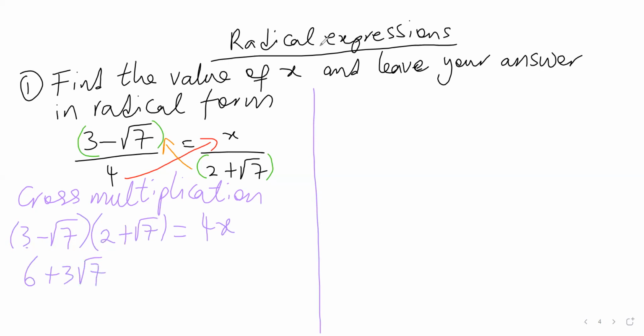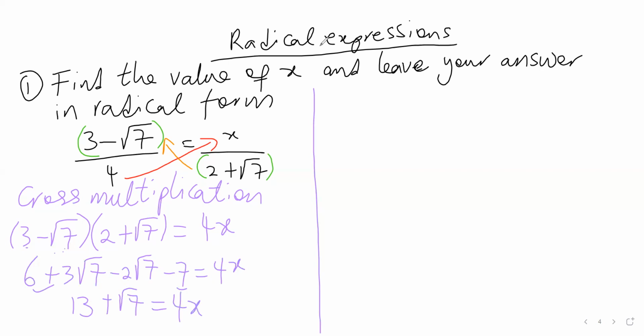And then now when we take this minus square root of 7 times 2 minus 2 square root of 7, and minus square root of 7 times square root of 7 is minus 7 is equal to 4x. So let's rearrange them. 6 plus 7 gives us 13. Now we have 3 square root 7 minus 2 square root 7. So we'll end up with positive square root 7 is equal to 4x.